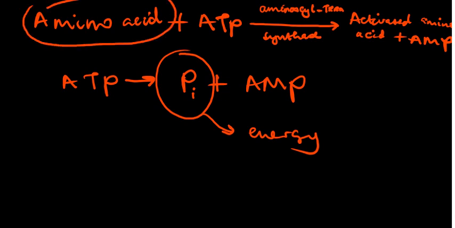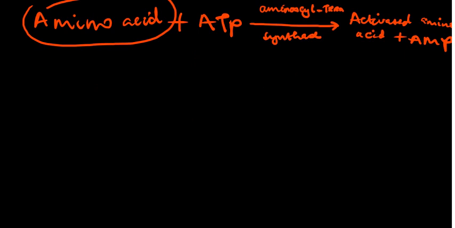So the amino acid plus the ATP under the amino acyl tRNA synthase is what forms the activated amino acid. Let me write the next equation so that we can appreciate what's going on here. Now that we have our activated amino acid, the next thing, with our abbreviated amino acid, aa, is the activated amino acid plus our tRNA.